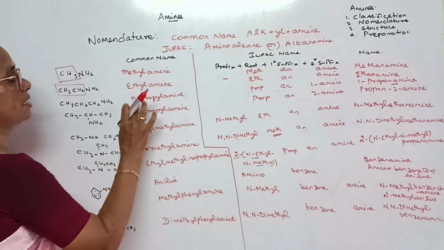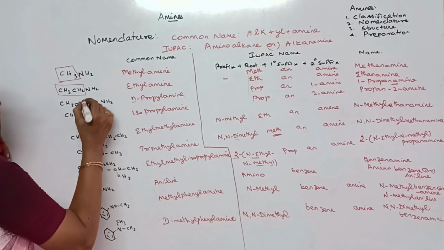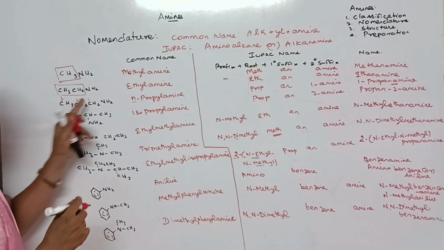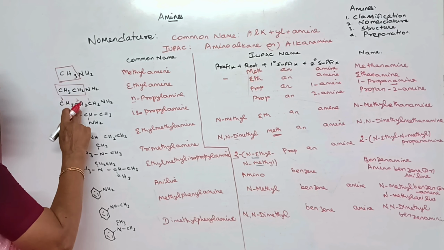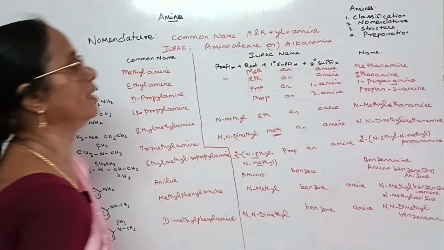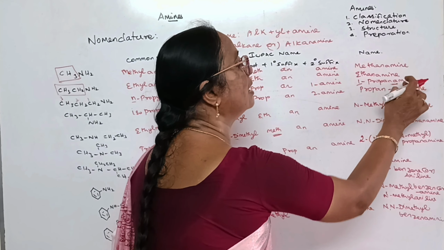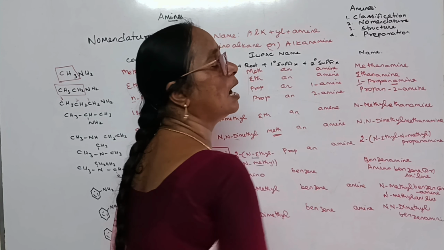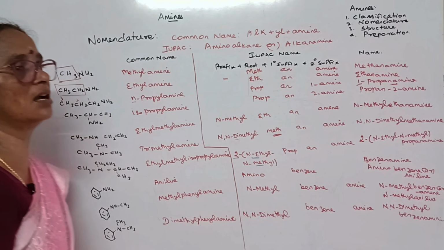Its IUPAC name, where the amino group is present at the first carbon, I have to take the locant number, so the name is 1-aminopropane or propane-1-amine or 1-propane amine. You can write this position 1 either in between alkane and amine, or before the alkane amine also. In both ways you can represent the position of the amine.